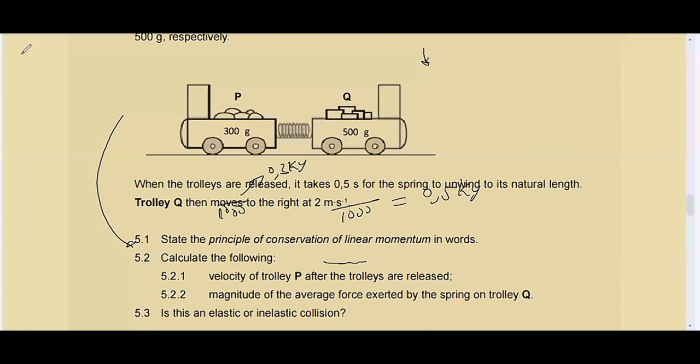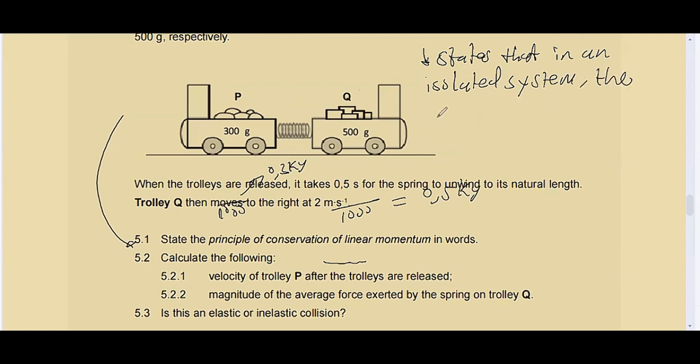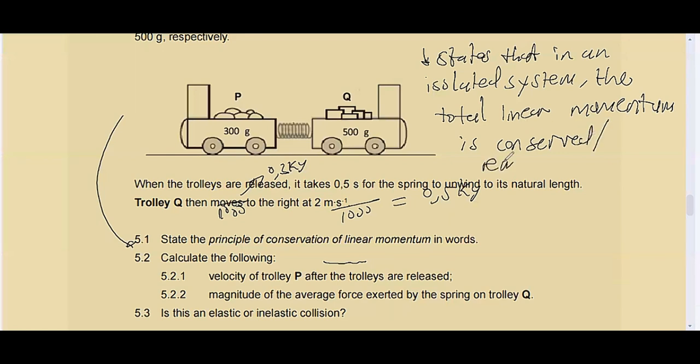Okay, so now let's define it. It states that in an isolated system, the total linear momentum is conserved, or it remains constant.